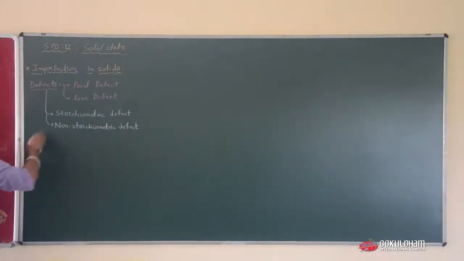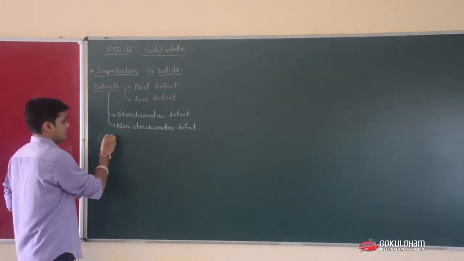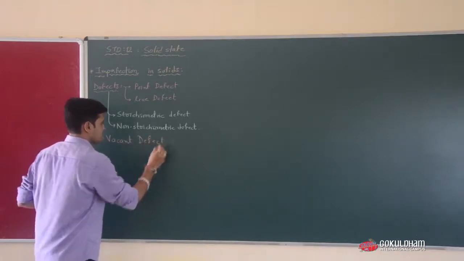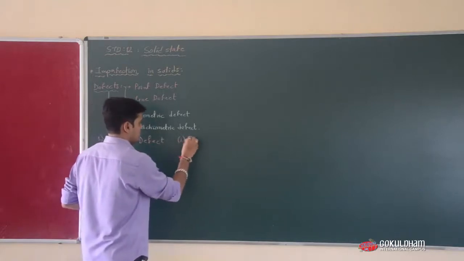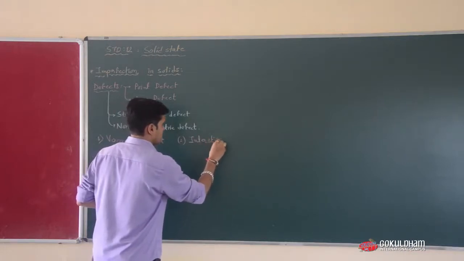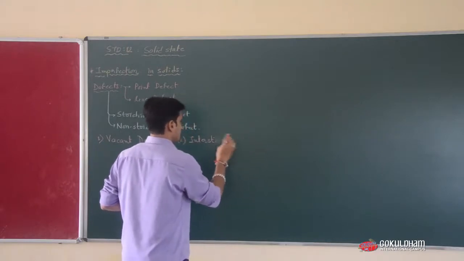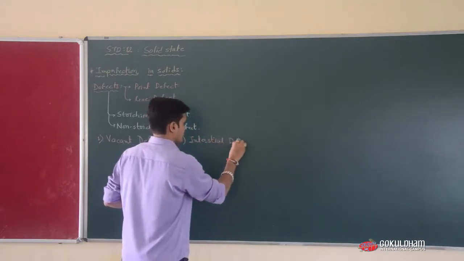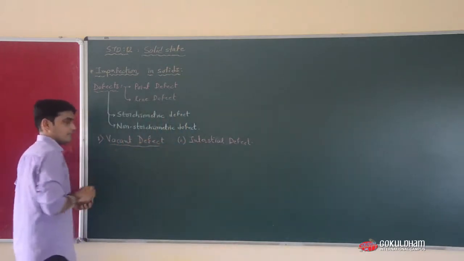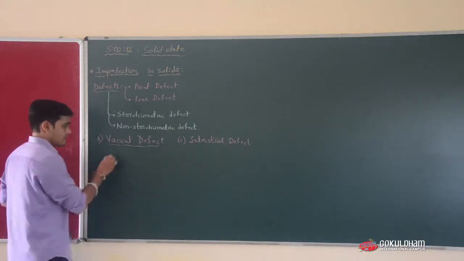So in our first category, stoichiometric defect, you will see vacant defect, and the other one is interstitial defect. In vacant defect, there is a missing of some amount of particles from the crystalline solid.